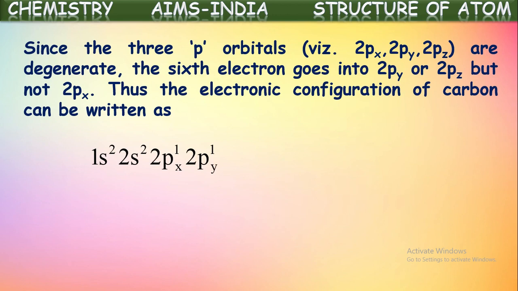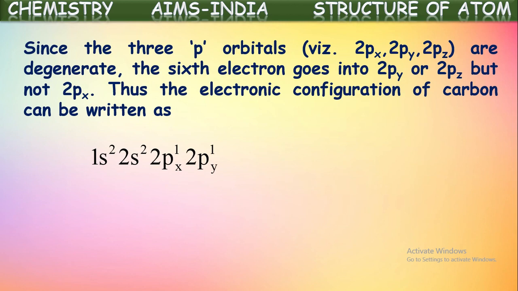But it is not 1s2, 2s2, 2px2. It won't be 2px2 because it won't pair up with that electron, because in the p subshell there are 3 orbitals. First, these 3 orbitals should be occupied with 1 electron each. Then only pairing will take place.